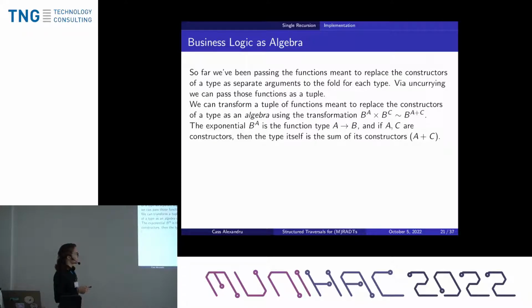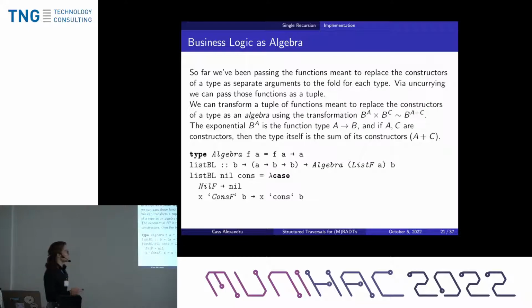And so if you have a tuple of functions from different constructors into B, then you can refactor this as just a function from the sum type of those constructors into B. And to see how I'm encoding this, how I'm translating the original functions into this notation, you can see that we took the two functions here as arguments and are using them in a case expression that looks at the constructors of the list data type.